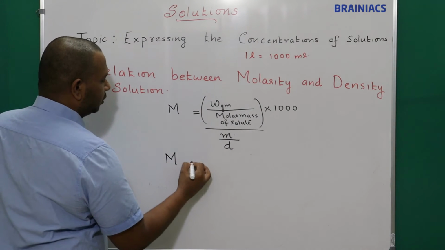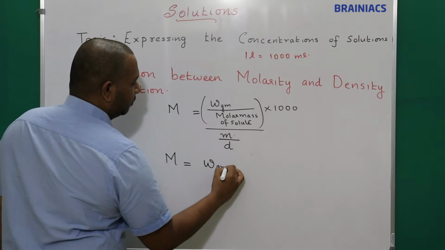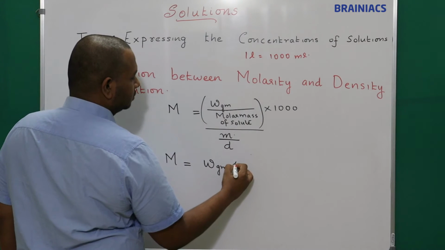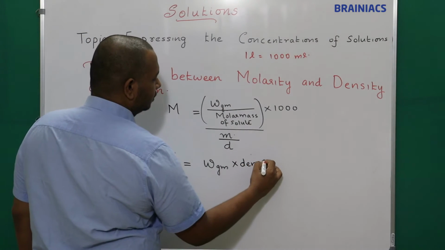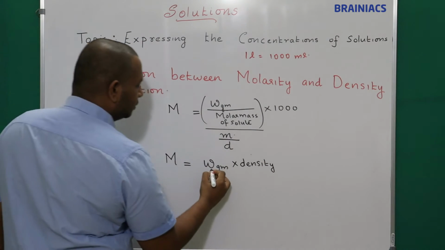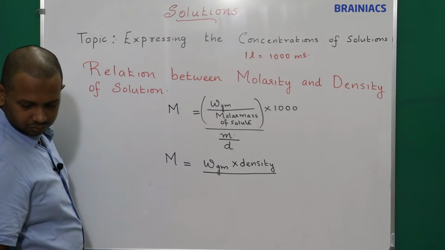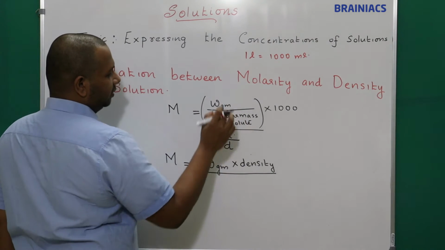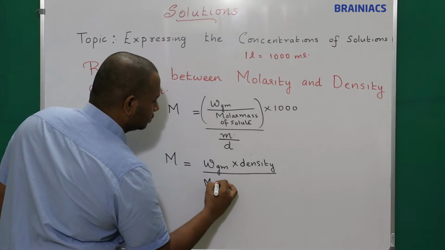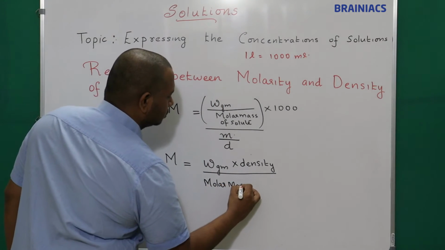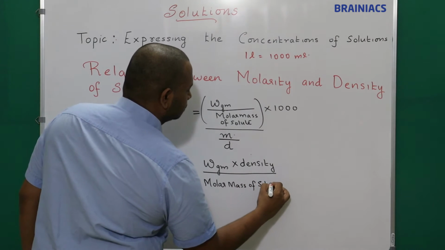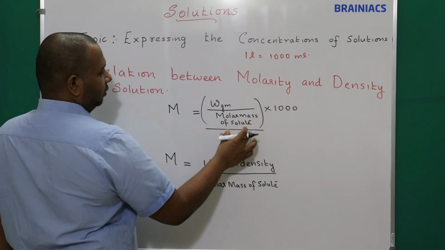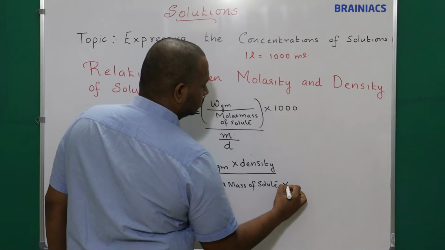I can write M is equal to weight in gram multiplied by density, then molar mass of the solute, then into small m.